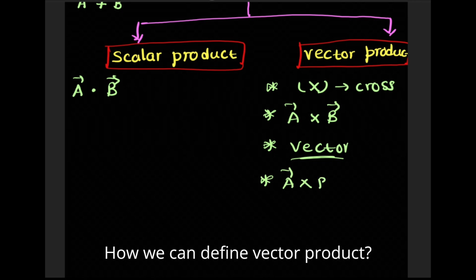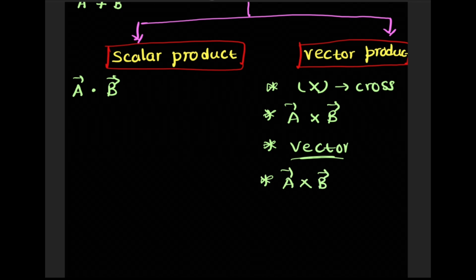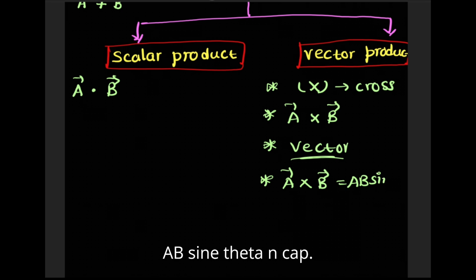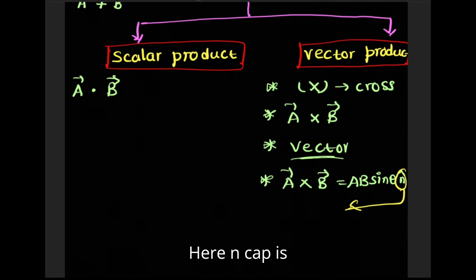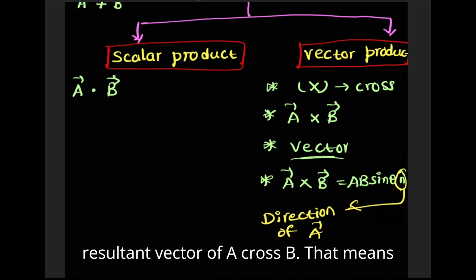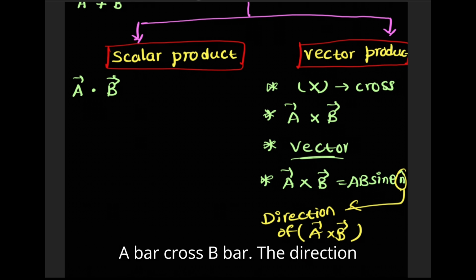How can we define vector product? A bar cross b bar is defined as ab sine theta n cap. Here n cap is the direction of the resultant vector of a cross b, that means a bar cross b bar.